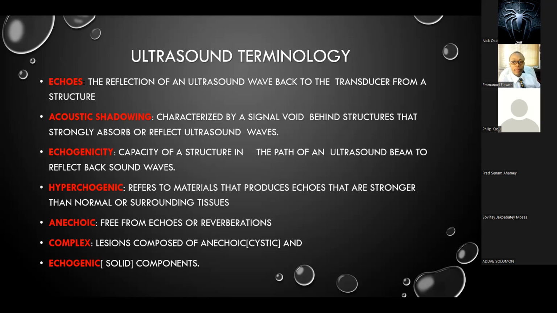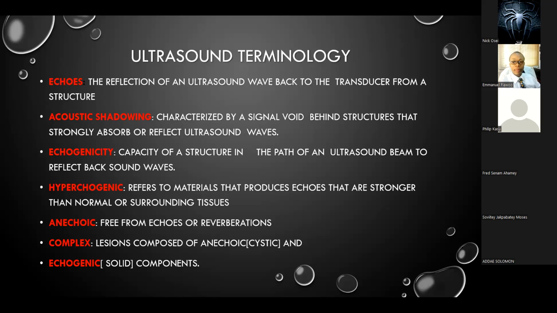A structure with lesser echogenicity will reflect fewer sound waves back to the transducer. And so you can comfortably say that a highly echogenic organ or structure is more likely to have greater acoustic shadowing as compared to a structure with lesser echogenicity.